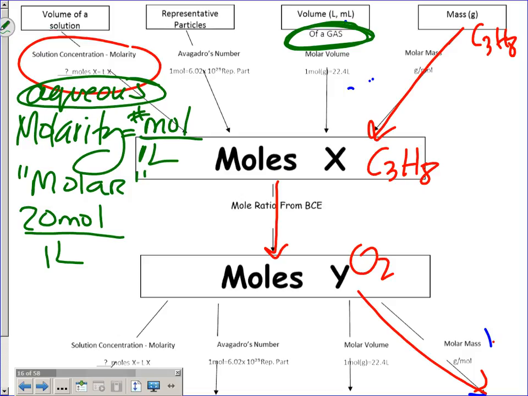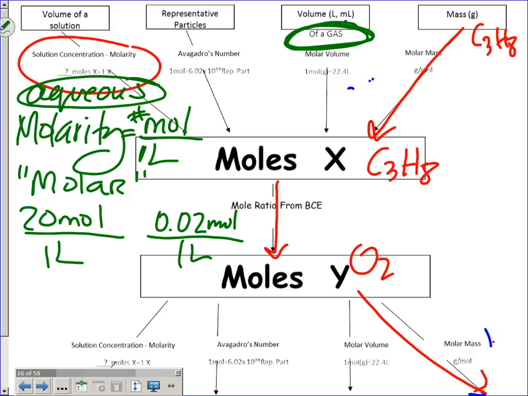That's really concentrated, 20 moles per liter. But it also could be really dilute, like 0.02 moles per liter. So it's just relatively talking about the concentration, like how much stuff's per liter in a solution.